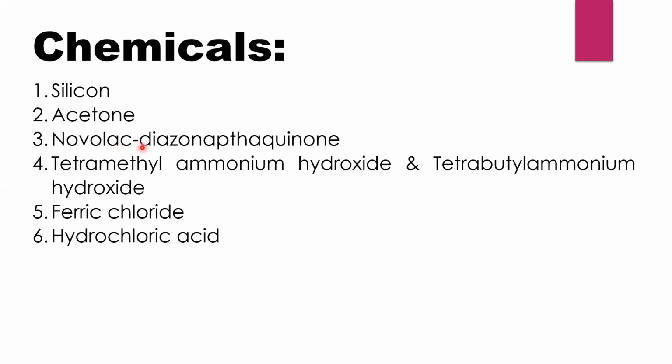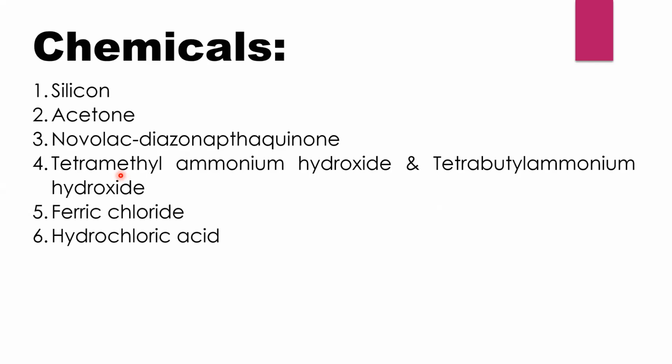This is another term; what is photoresist? I have also clearly explained that in that video. Next, the combination of tetramethyl ammonium hydroxide and tetrabutyl ammonium hydroxide is used as developer.